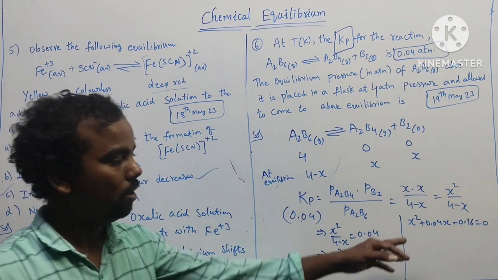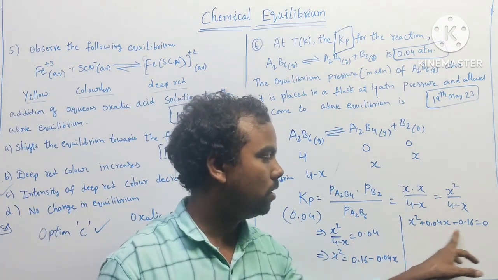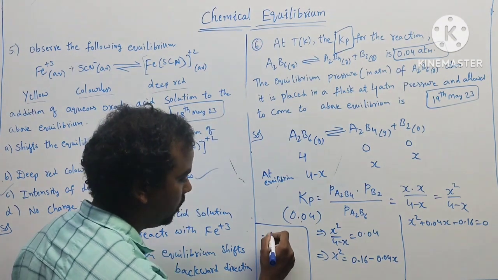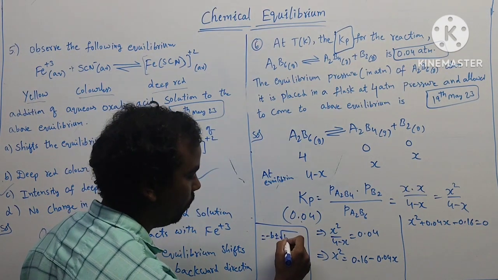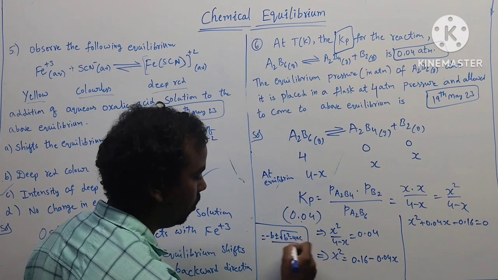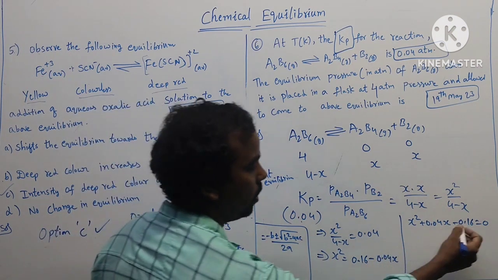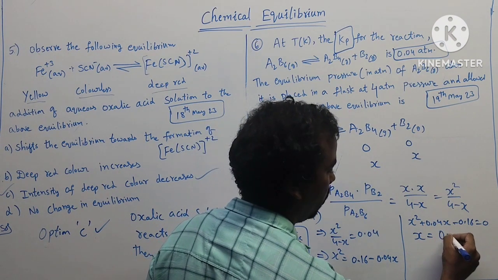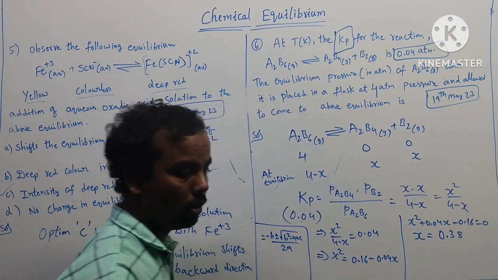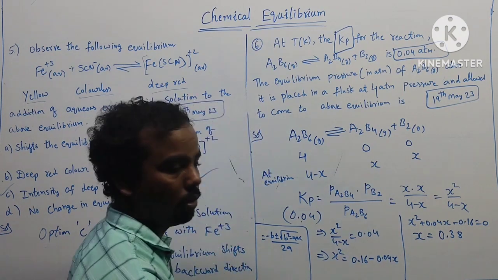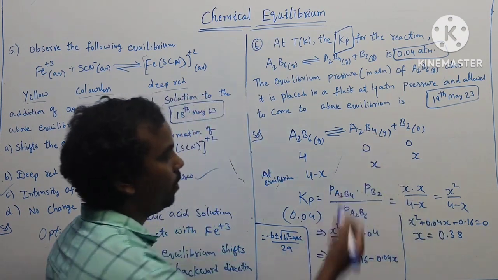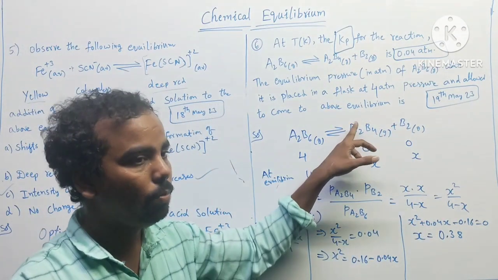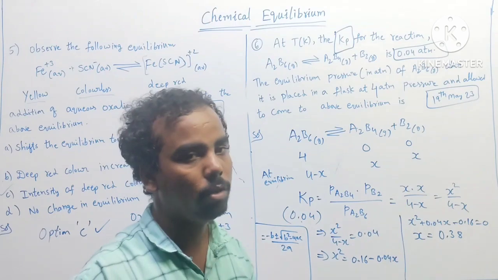If you calculate the roots by using the formula minus b plus or minus square root of b² minus 4ac by 2a, you finally find x is equal to 0.38. So A₂B₄ is 0.38 and B₂ is 0.38.